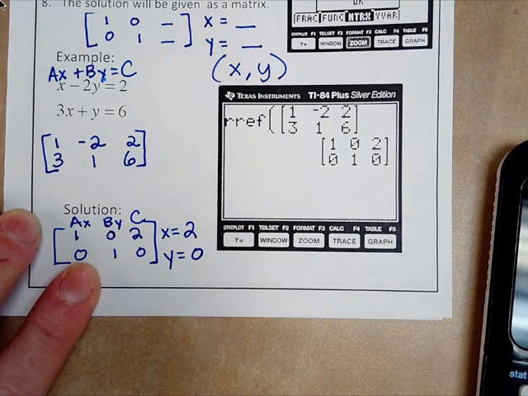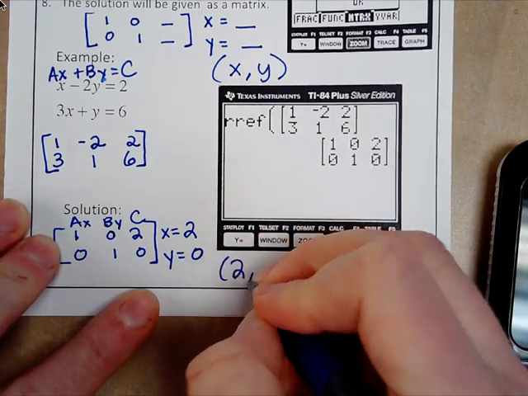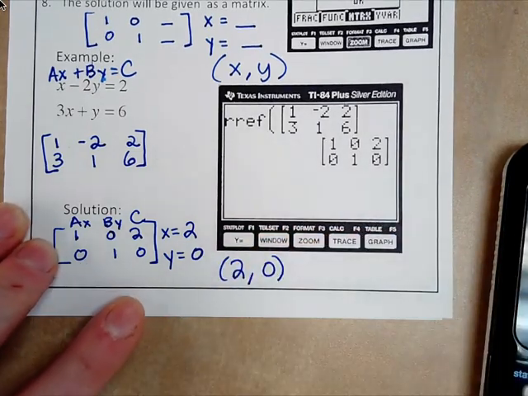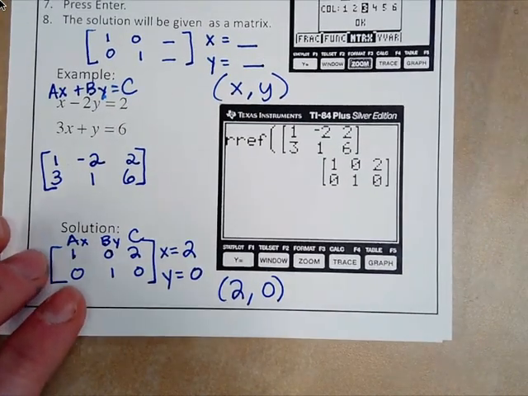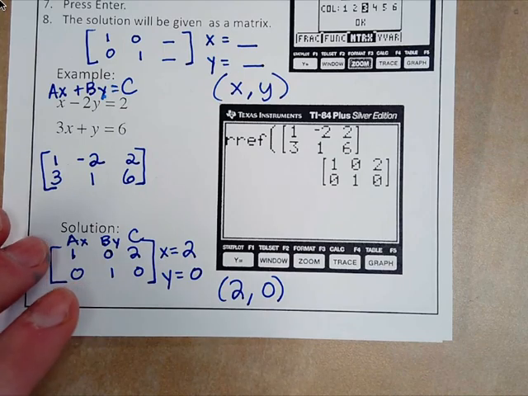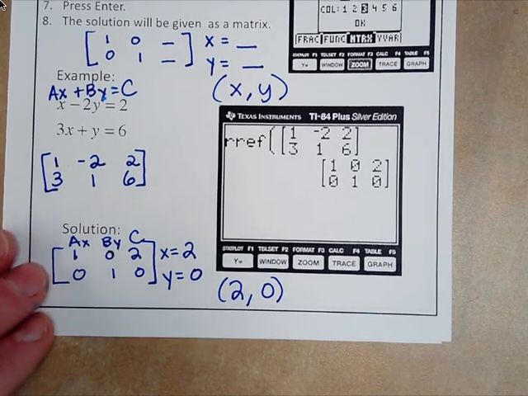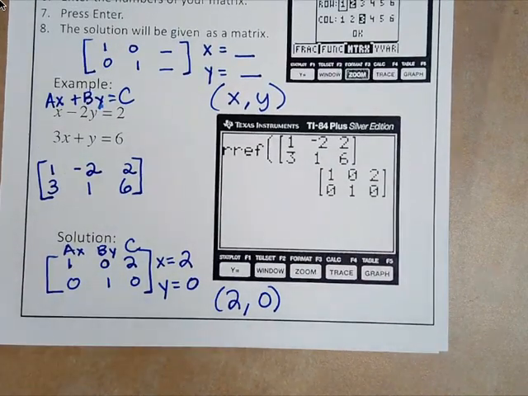So the solution to my system is 2, 0. Is that a little bit easier than solving each one for Y, graphing, finding your solution? The reason we would use this is anytime it's written in that standard form. It makes it where we don't have to solve for Y.